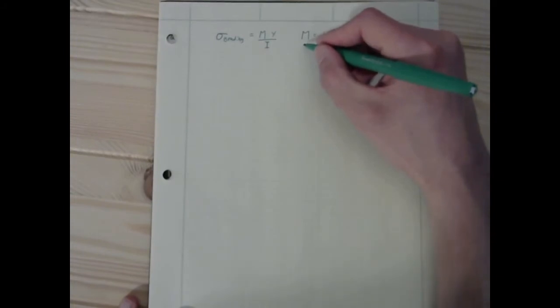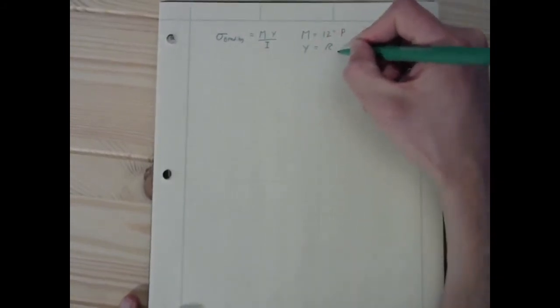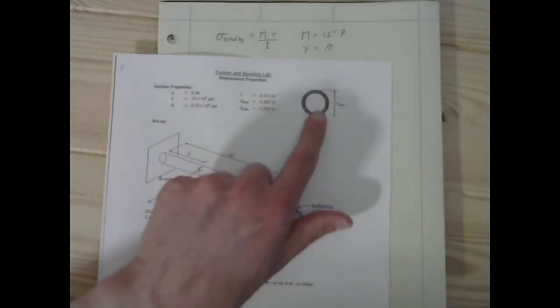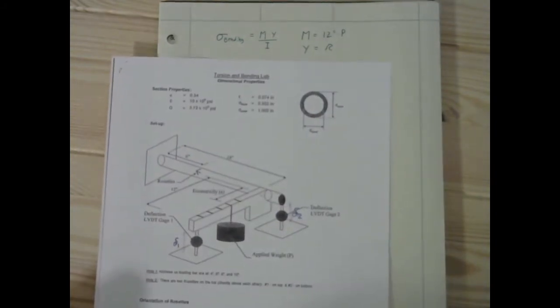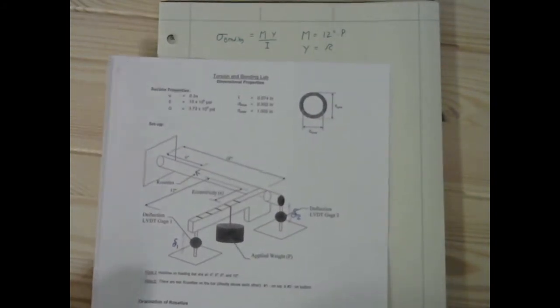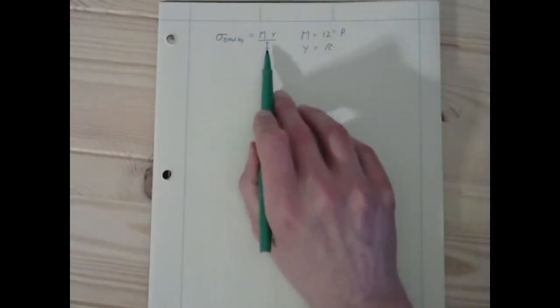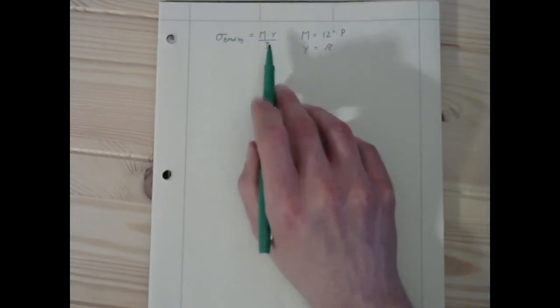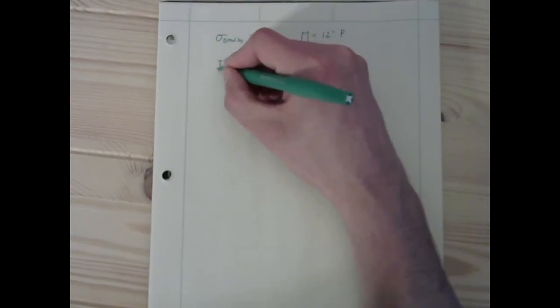And we're going to have y be equal to the outer radius of our pipe. Alright, so we're given the dimensions of the pipe here, so you can just go ahead and use those. Remember that it's the radius, not the diameter. And the second moment of inertia should be pretty easy to find for a hollow pipe.